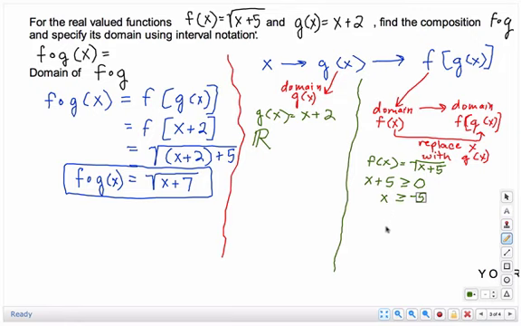Okay. Now from here, we're going to need to plug this in and replace this x here with g of x. That's going to be this step here. So replacing x here with what g of x equals. And g of x equals x plus 2.